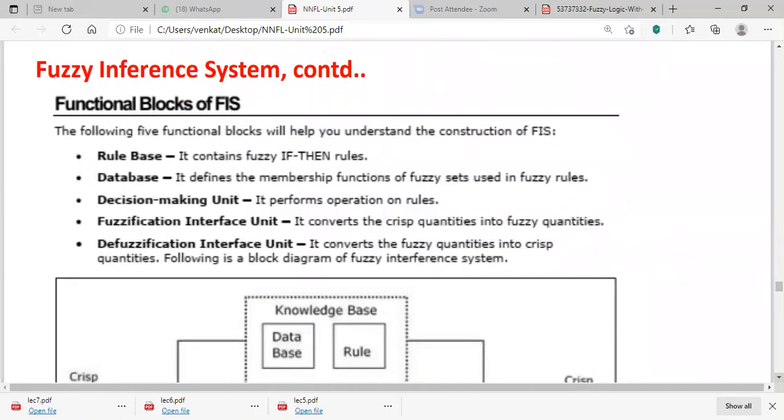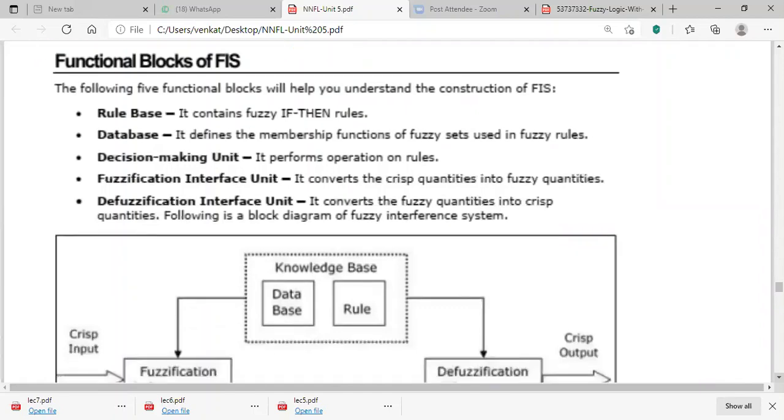Functional blocks of FIS, fuzzy inference system. There are 5 functional blocks in the FIS. So first one, rule base. It contains fuzzy if-then rules. Database. It defines membership functions of fuzzy sets used in fuzzy rules. Next, decision making unit.